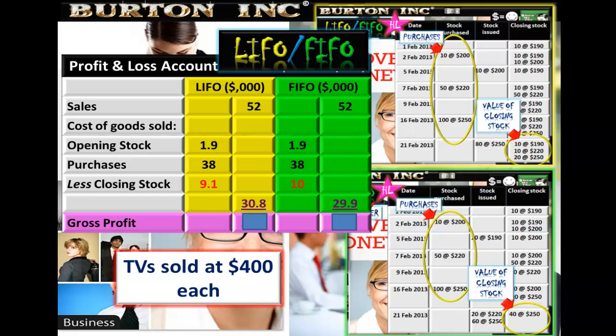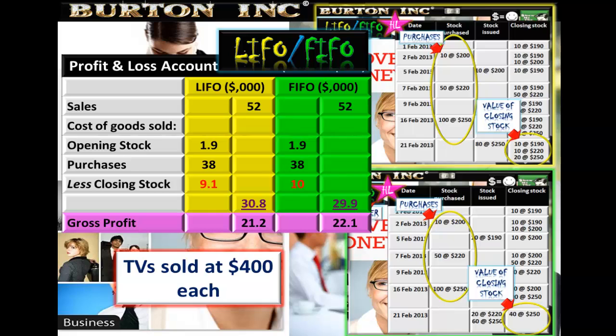Gross profit, sales minus cost of goods sold, $21,200 under LIFO, 22.1 under FIFO.